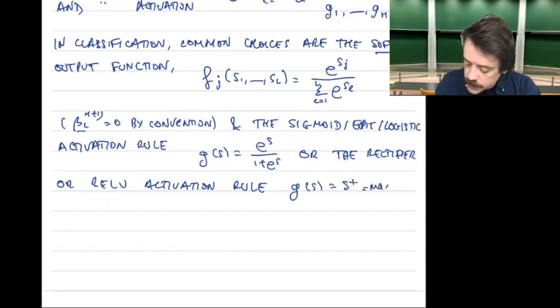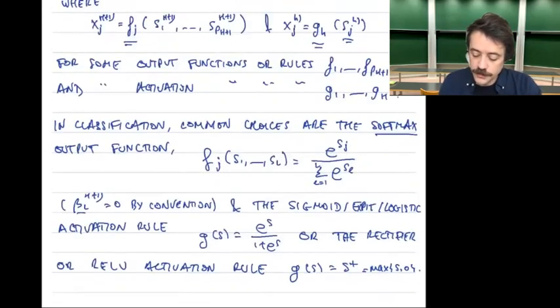So this is the max between s and 0. All right, so we now really have all the model. We've defined the model fully.